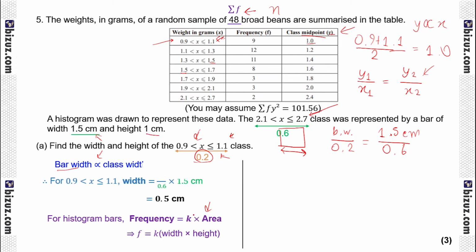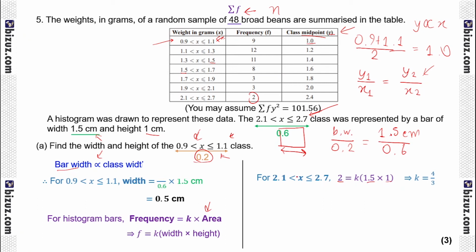For the 2.1 to 2.7 class, which we have information for, what's the frequency? Let's say it's equal to 2. That's going to be equal to some constant k, which we don't know yet, multiplied by the product of the width and the height, so 1.5 and 1. From here we have an equation, and you can find k.